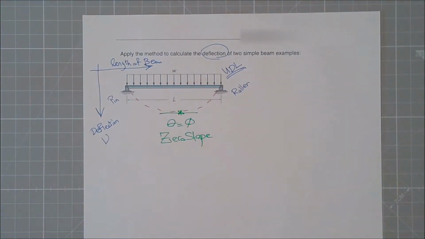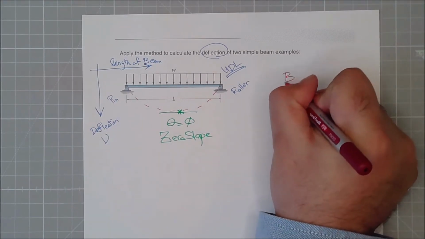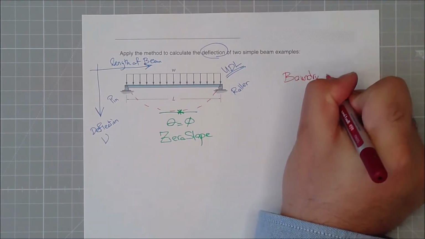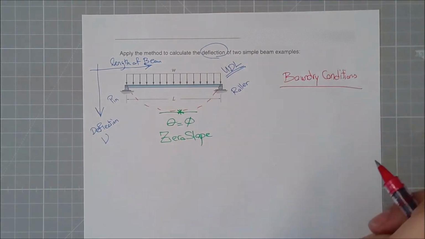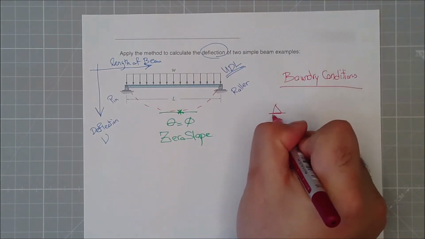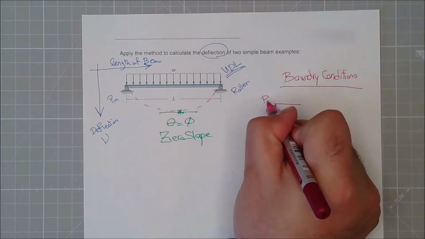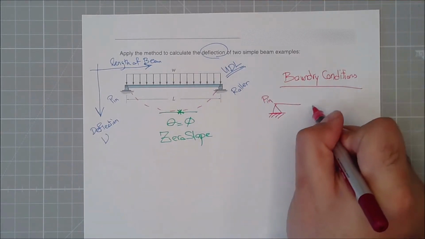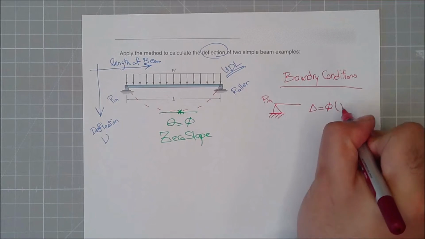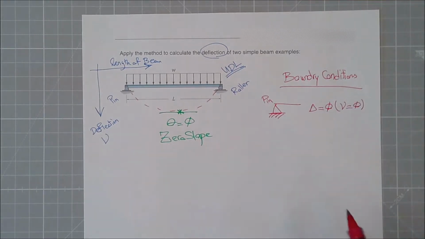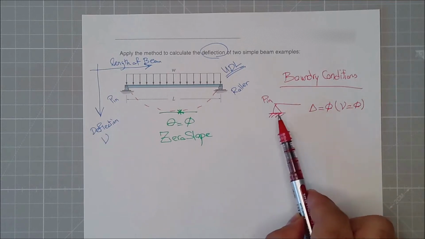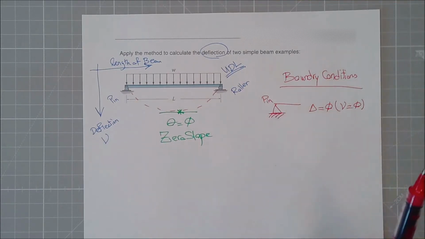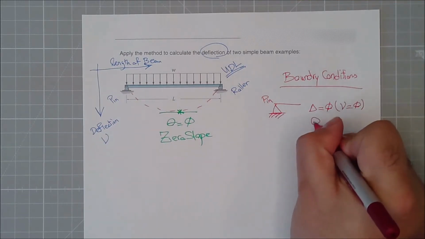On the other side, we just discussed boundary conditions. If you remember, in the case of a pin, we said the deflection is zero at the point of the pin, the micron at which the beam connects to the pin support. But there is slope.